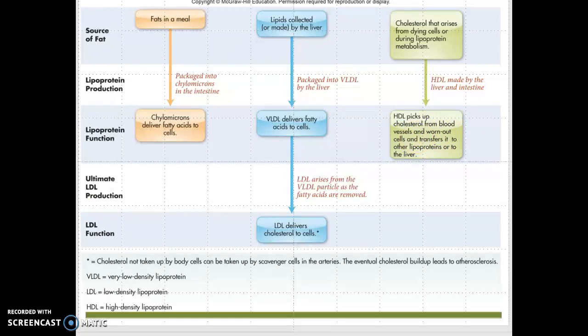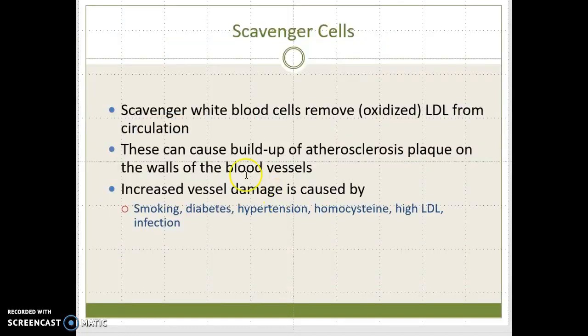And it's the scavenger cell that will actually pick up the pieces of leftover cholesterol and return it to the liver. So the scavenger cells remove LDL from circulation if there's too much. And these are some of the things that can cause the buildup of plaque, which we'll look at in a minute, and can be deleterious in causing congestive heart failure.